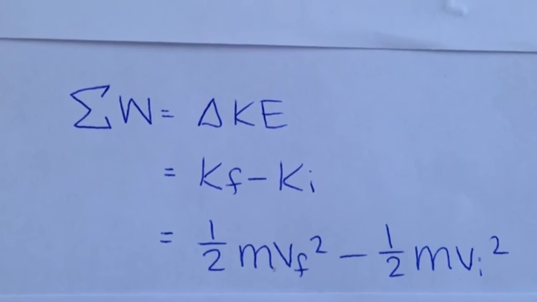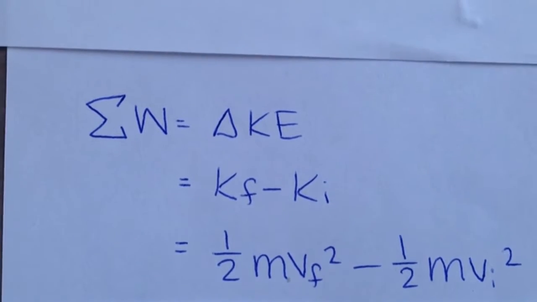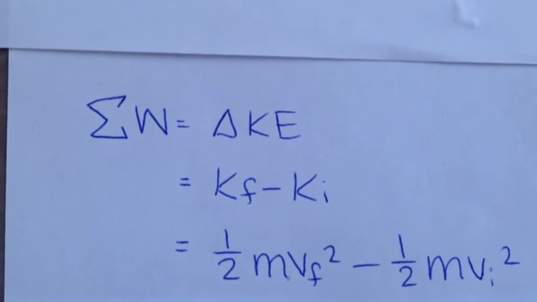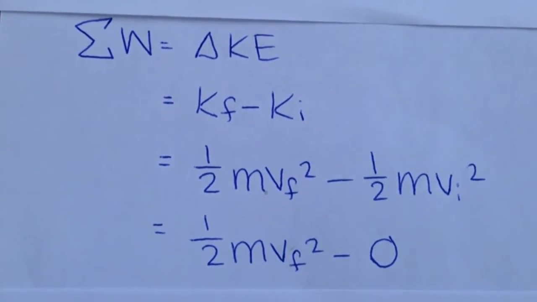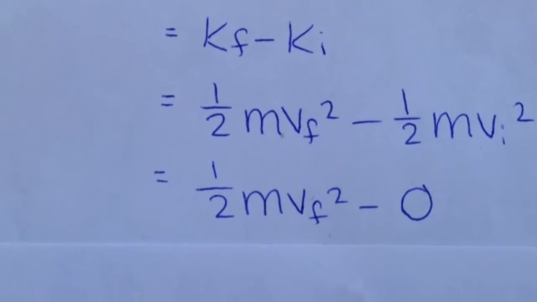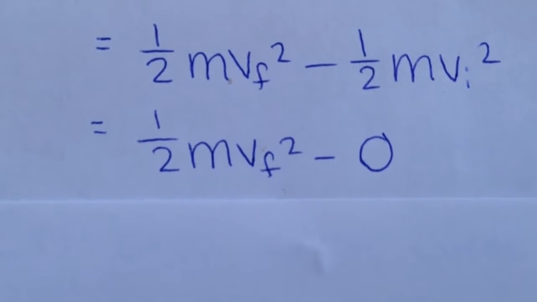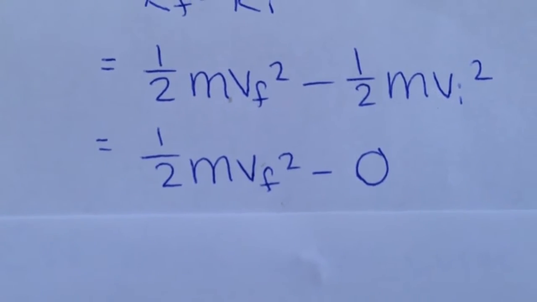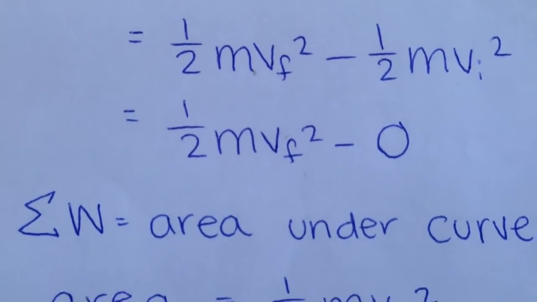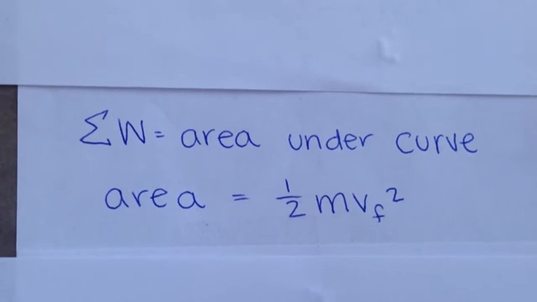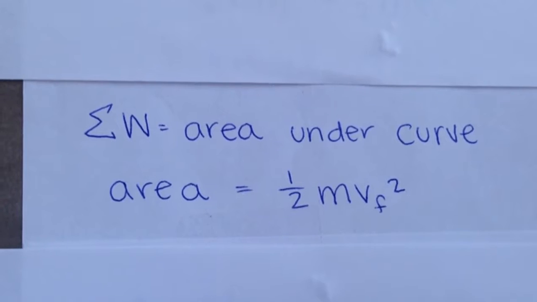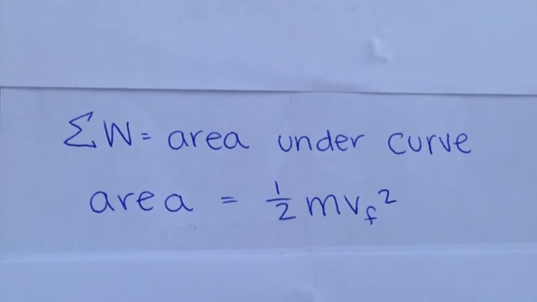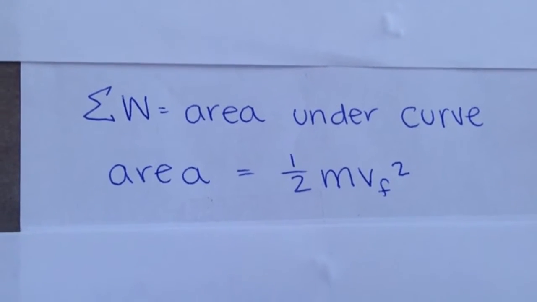That's equal to 1/2 m v final squared minus 1/2 m v initial squared, and since the initial velocity is 0, it comes out to 1/2 m v final squared minus 0. Also, the sum of the work is equal to the area under the curve in figure P7.13. And so the area is equal to 1/2 m v final squared.